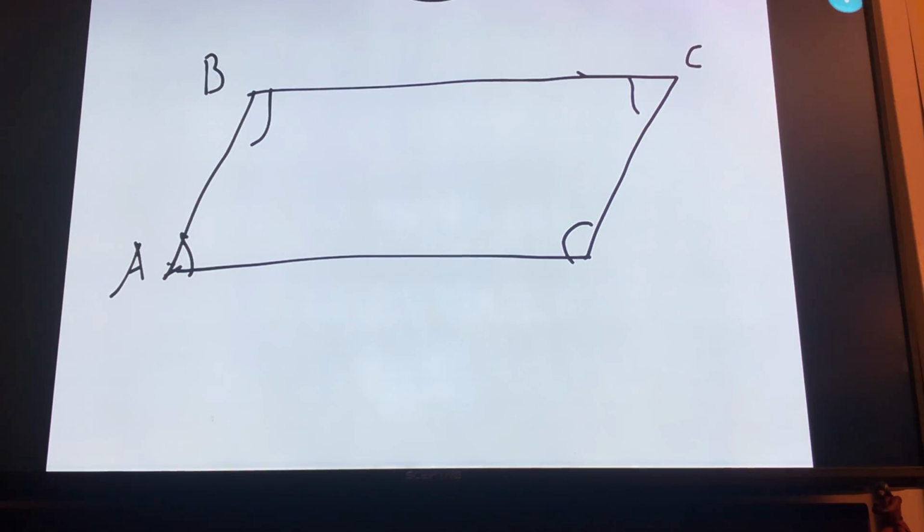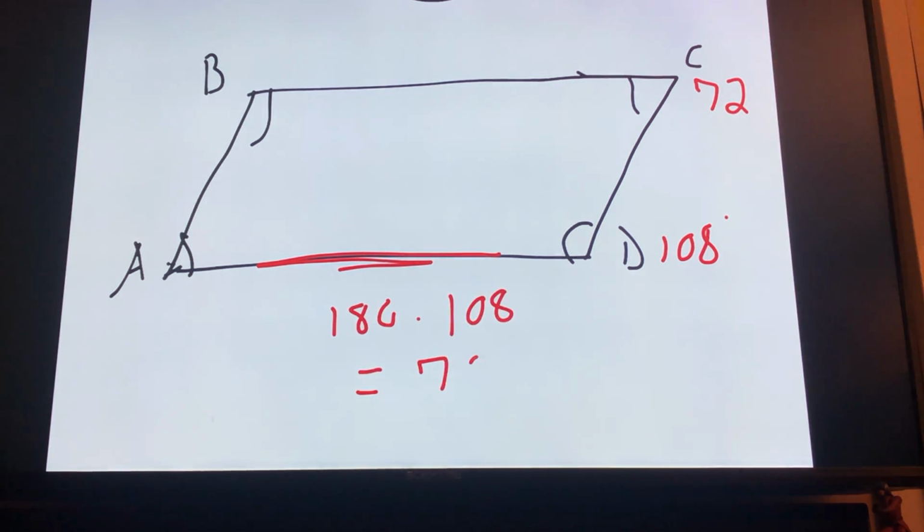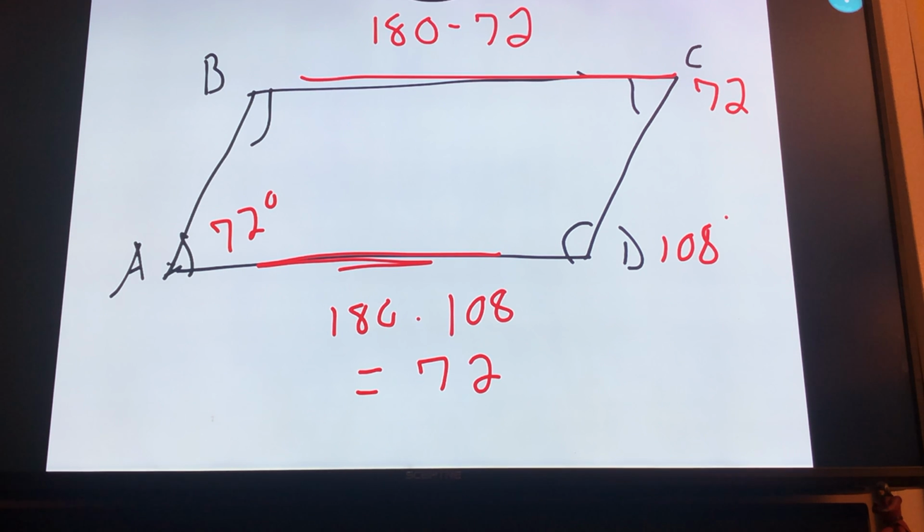We were given these, the angles were 72, 108, and since this is going to be a line, it's going to be 180 minus 108 equals 72 for here. And since this is going to be 72, it's going to be 180 minus 72, and that gives us 108 for here.